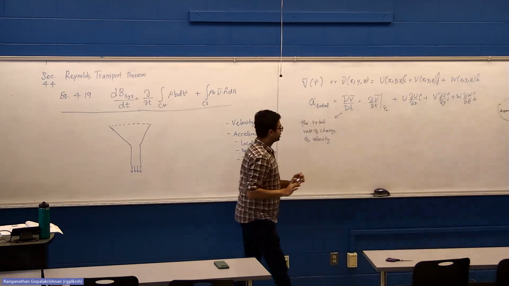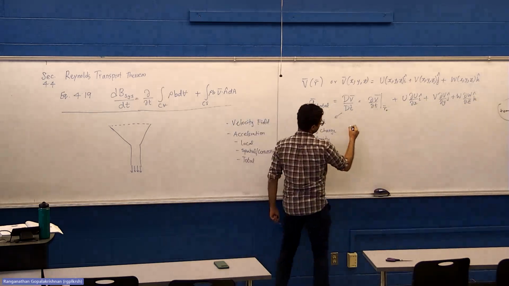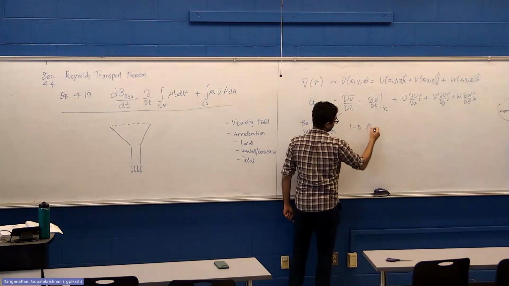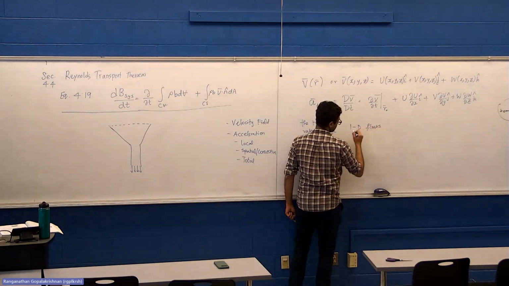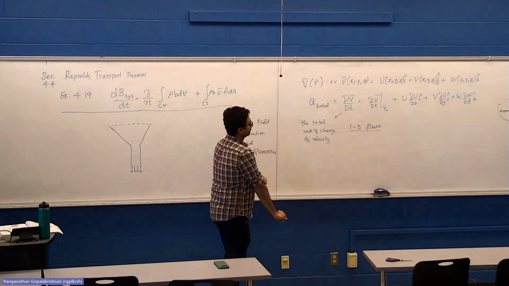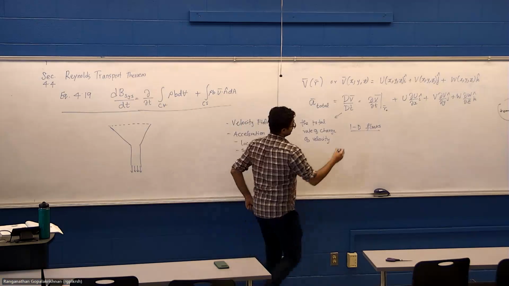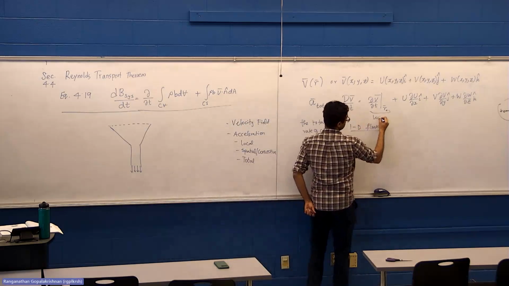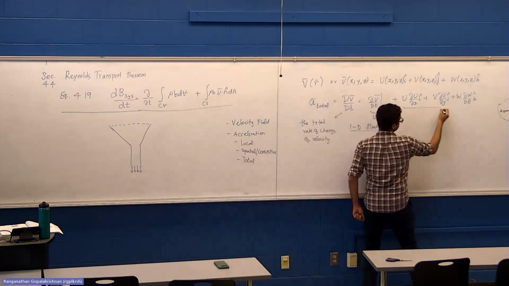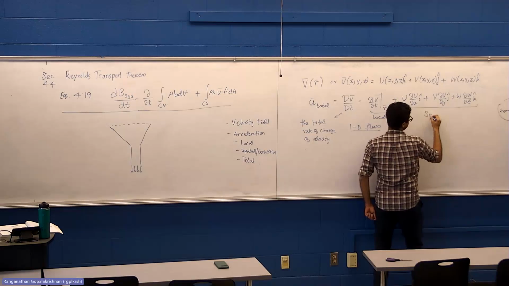We won't go too much into vectors. Mostly we will stick to one-dimensional flows in this course. And for that, this component is the local and this is the spatial.